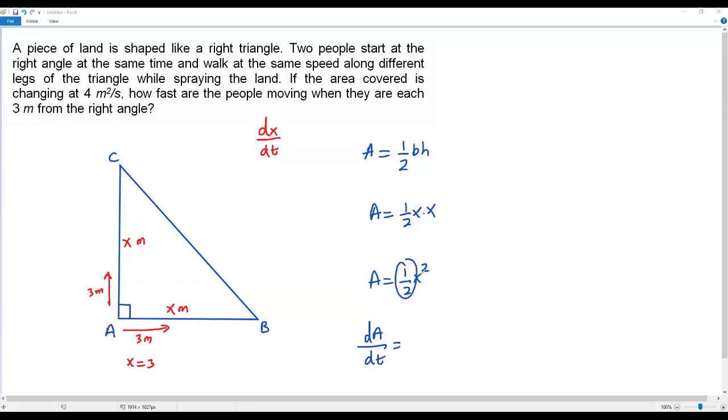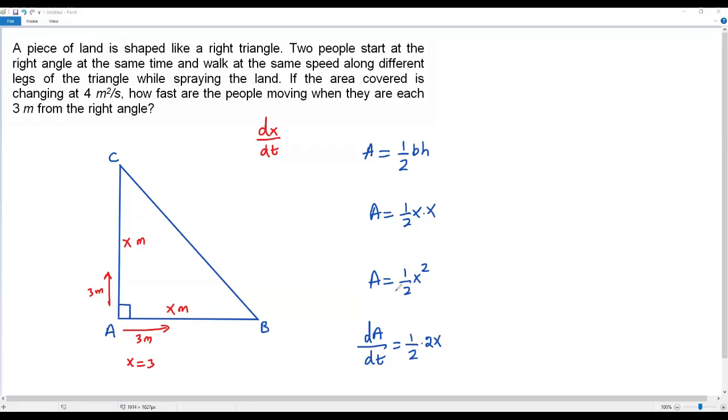Here 1/2 is a constant multiplied by the variable, so I keep the constant 1/2 as it is. For the derivative of x squared, I use the power rule: bring the exponent in front of the variable x and subtract 1 from the exponent. I get 2x to the power of 2 minus 1, and 2 minus 1 is just 1. Whenever the exponent is 1, we don't have to write it.